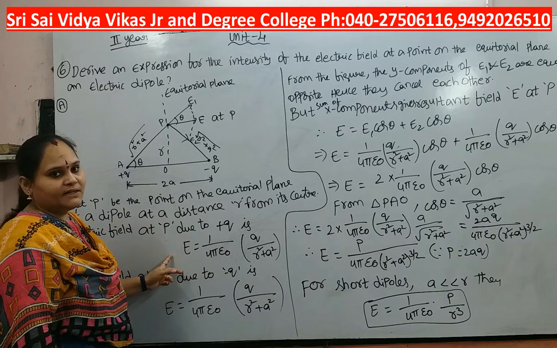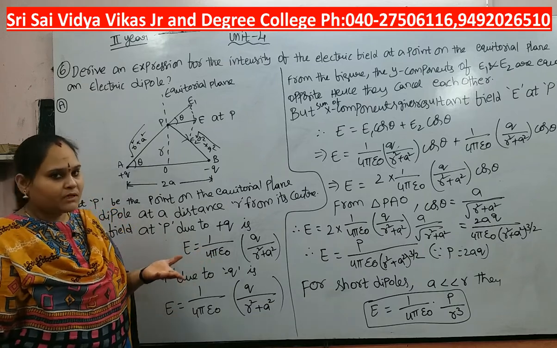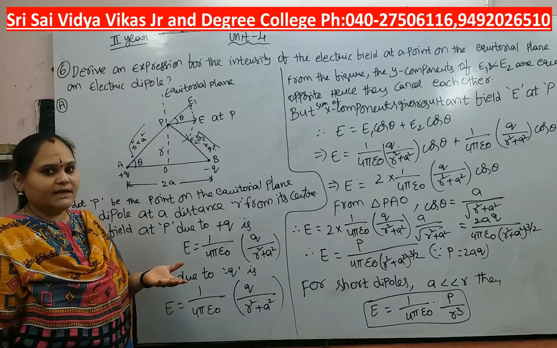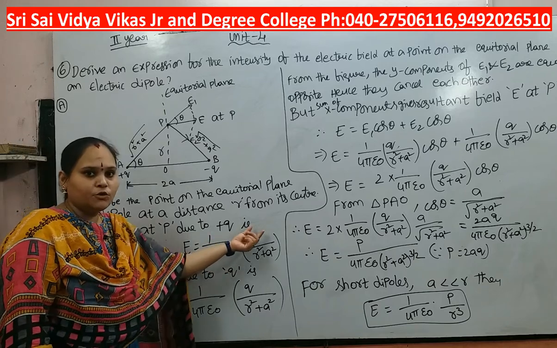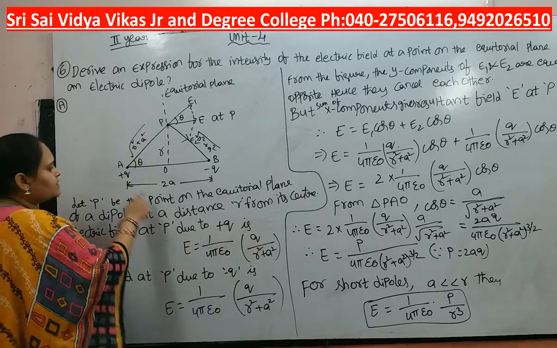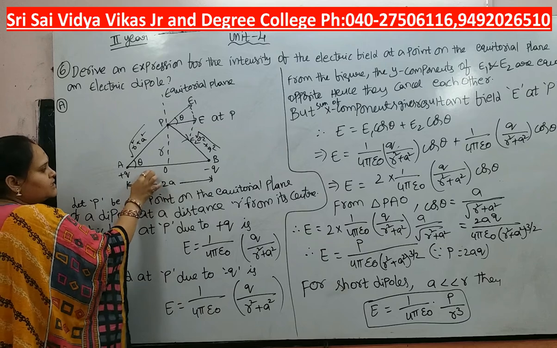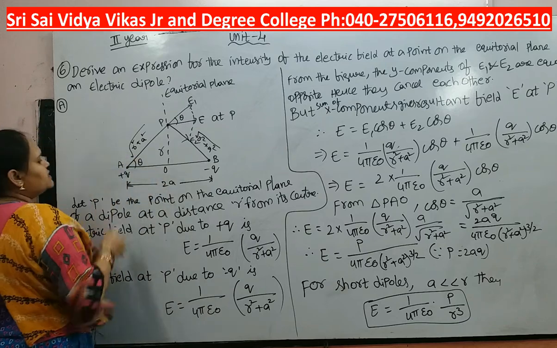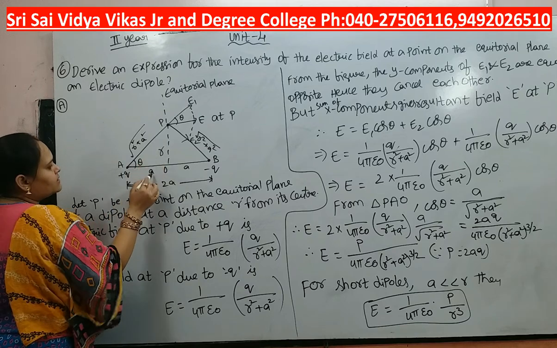The electric field is E equal to 1 by 4 pi epsilon naught q by r square. Here, the total distance is 2a, so this distance is a and this distance is a. This is r and this is a.